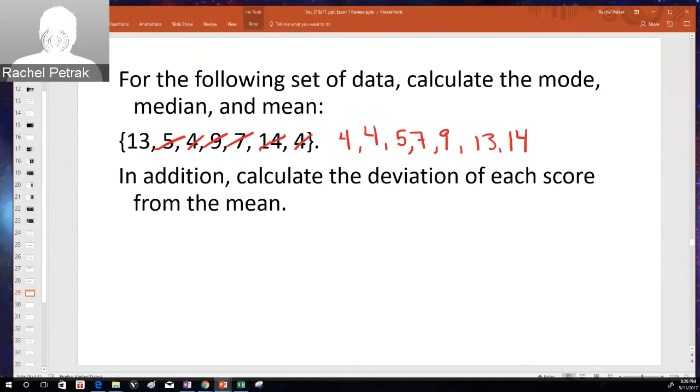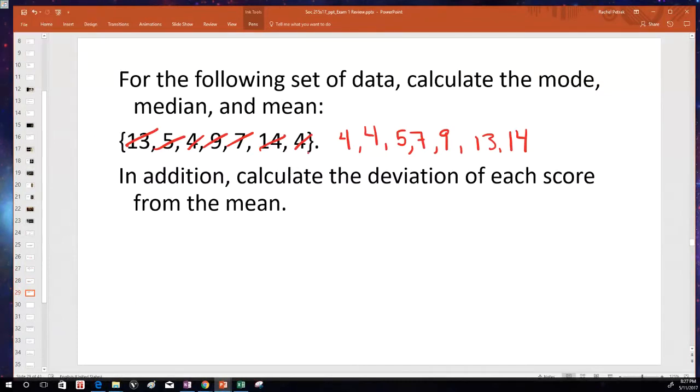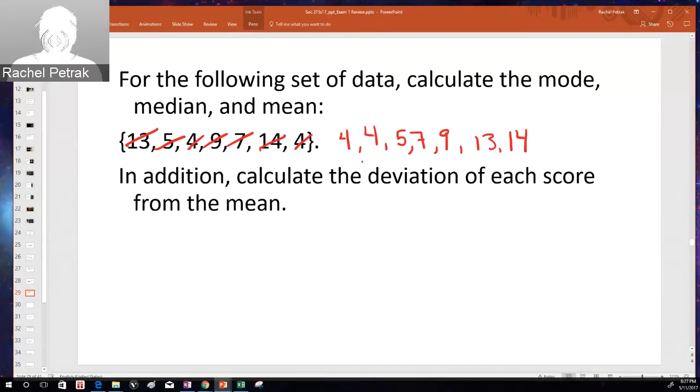So you see, I've done just that, and I crossed them off as I went because I don't want to get scores in here twice. So what is the mode here? 4. We only have one score that shows up more than once, and it's 4.